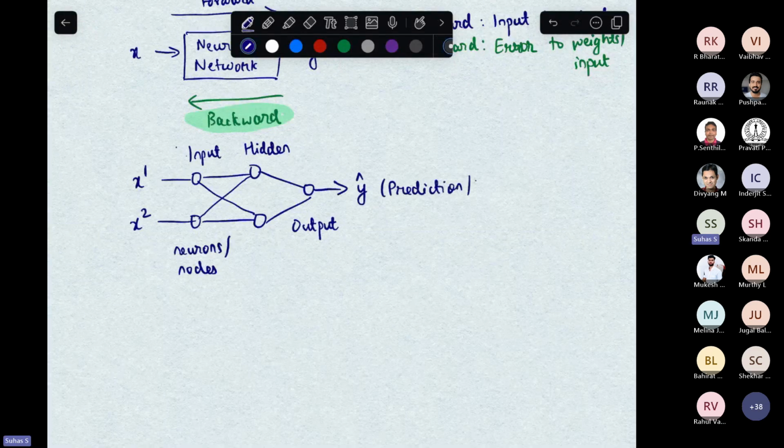This is the prediction or the output, and this is the input.